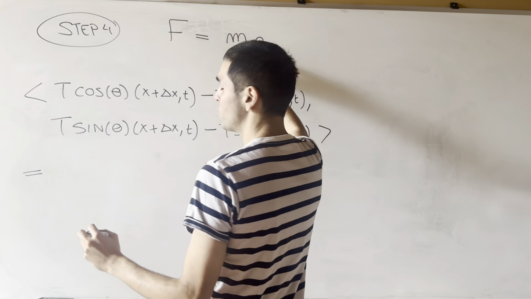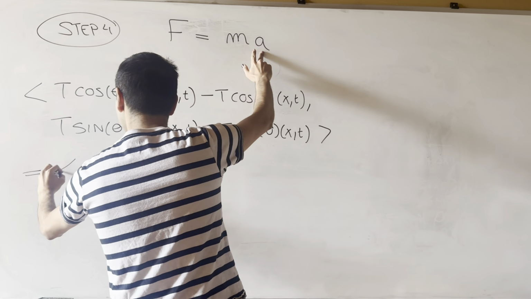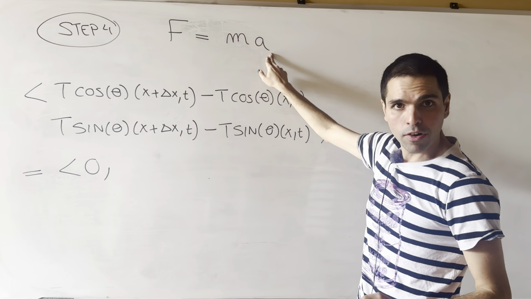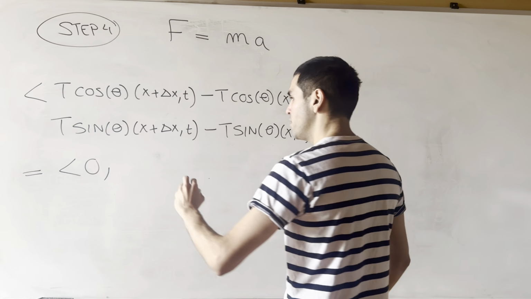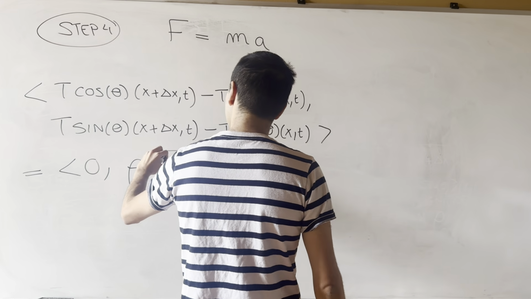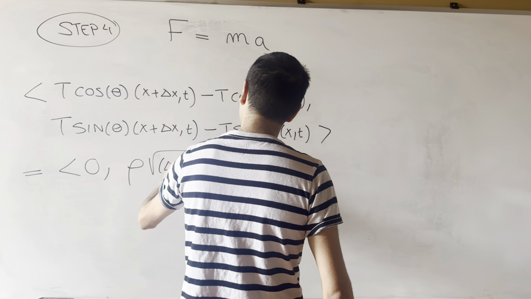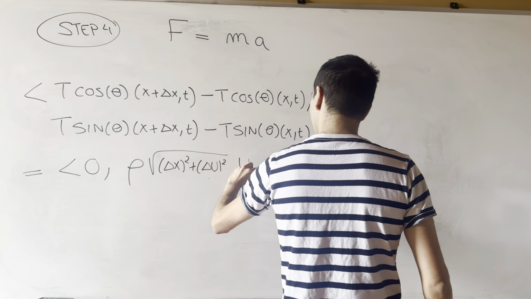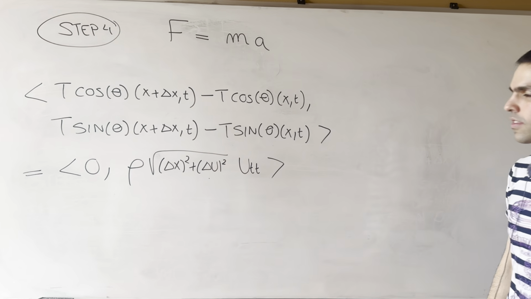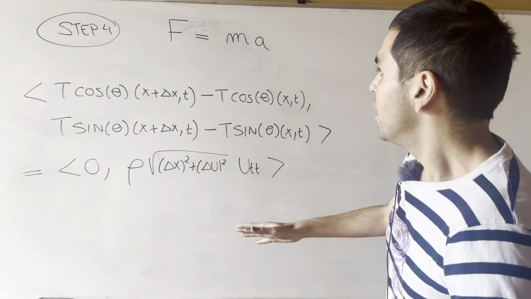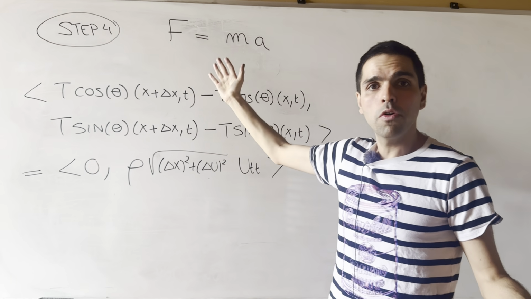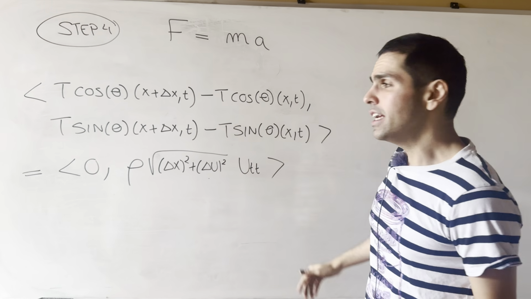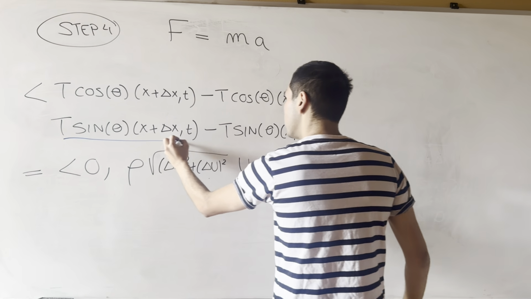So remember, the first component of acceleration was 0. So if you multiply mass by it, you get 0. And then for the second component, the mass was this rho square root of delta x squared plus delta u squared, and then times u_tt. So it really just boils down to comparing those two components, but what we'll do mainly is just comparing the second component.